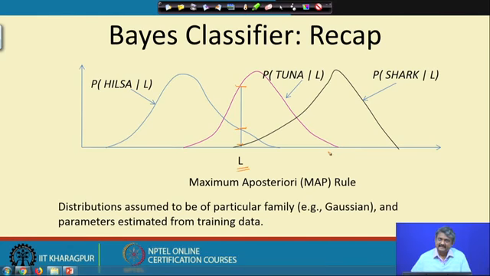These techniques of assuming Gaussian and then finding the decision boundary from its parameters are called parametric estimation techniques. From the data they find out the values of some parameters.